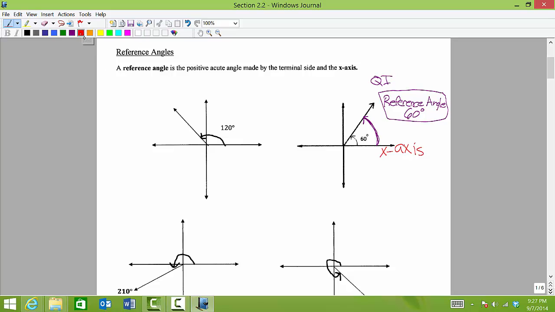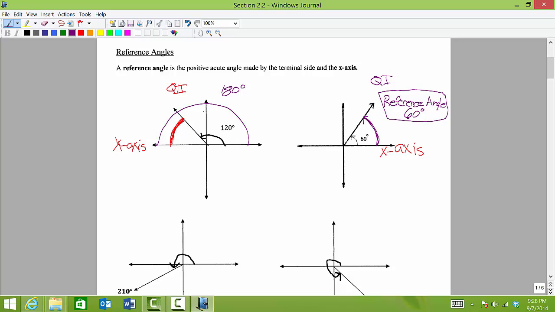So acute angles are technically their own reference angle. But if I get something that's non-acute, let's say 120 degrees, here we live in quadrant 2, we want to look at the angle that is formed, basically the distance between the terminal side and the nearest x-axis. So we actually want to know what this angle is. Well, if I was to go from here all the way to here, of course that would be 180 degrees. Well, I don't want all the way from here to here. I actually only want this red portion.